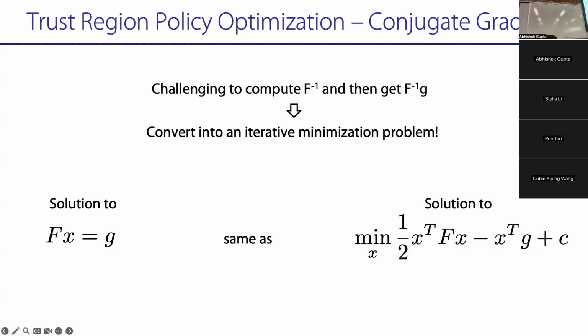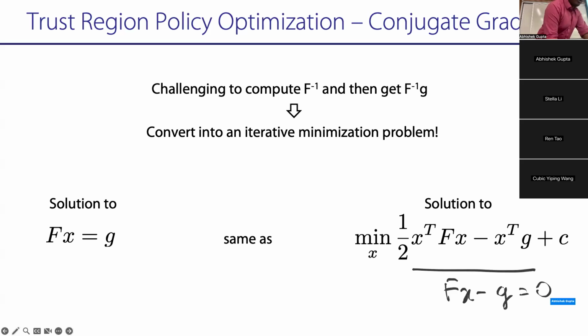But if you look at this objective, which is a quadratic objective, if you find the minimum of that quadratic objective, that solution satisfies Fx equal to g. The idea is simple: take the gradient of this and equate it to 0. The gradient with respect to x is Fx minus g. You equate that to 0, you get Fx equal to g, which means x is equal to F inverse g.